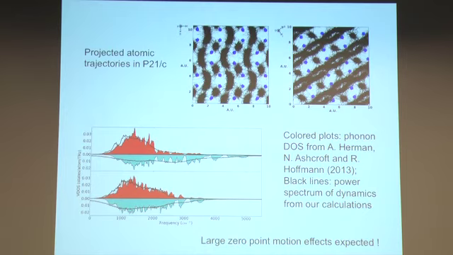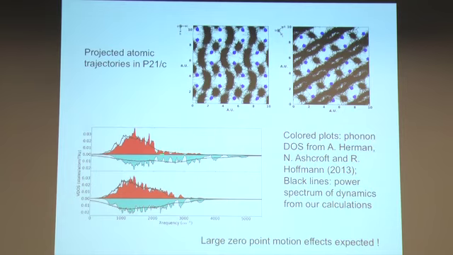Now, this plot is a comparison with the phonon density of states as calculated by Andreas Hermann, Neil Ashcroft, and Roald Hoffmann in P21C at low temperature, so when it is a crystalline form, and these refer to the system with hydrogen, these refer to the system with deuterons.